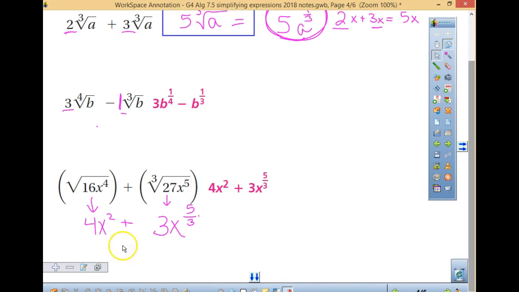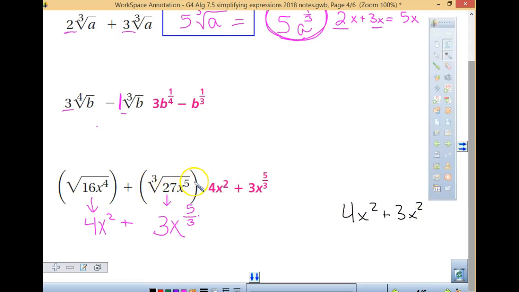We cannot add those together. 4x to the second plus 3x to the 5/3. Okay? The exponents aren't exactly the same. These are not like terms. Now, if it would have come out to be something like 4x squared plus 3x squared, like say this was 27x to the 6th, if you would have had the cube root of 27x to the 6th, that would be this.